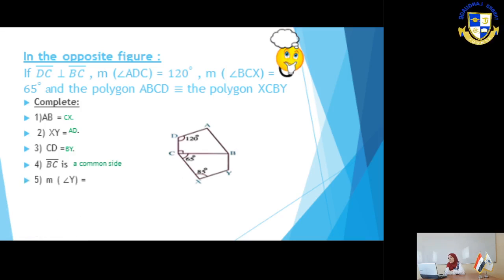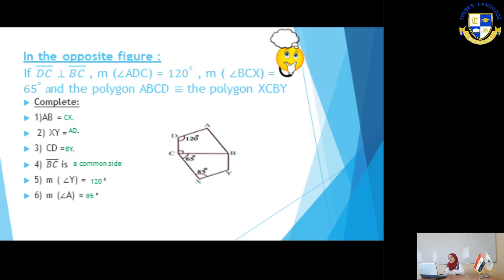The measure of angle Y equals the measure of angle G, equals 120 degrees. Number 6, the measure of angle A equals the measure of angle X, equals 85 degrees.